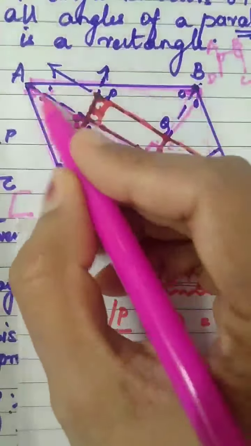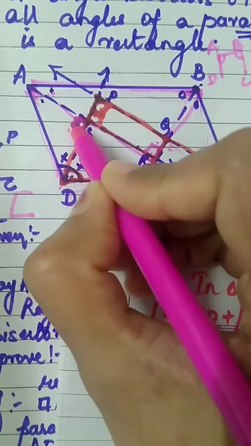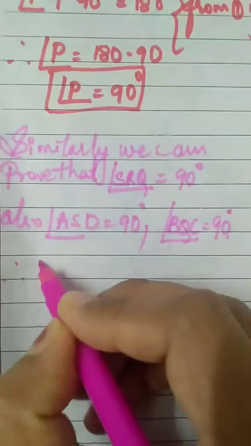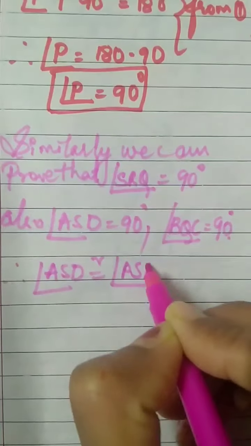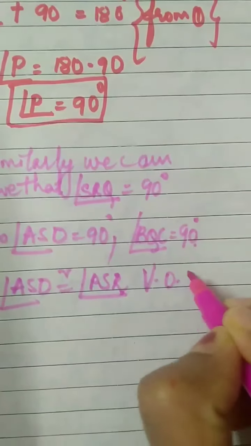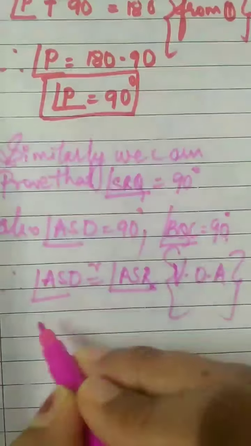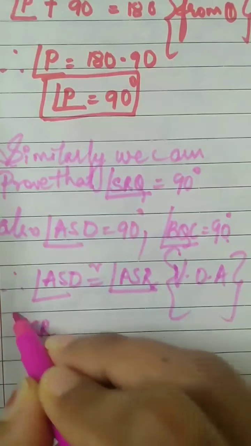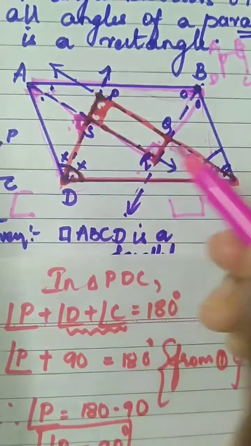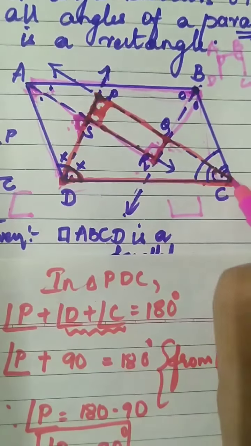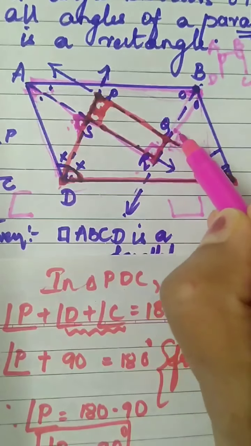So if ASD is 90 degrees, then its vertically opposite angle is PSR. Therefore, angle ASD is congruent to angle PSR, vertically opposite angles. So PSR will also be 90 degrees. Similarly, BQC is 90, so its vertically opposite angle is PQR.